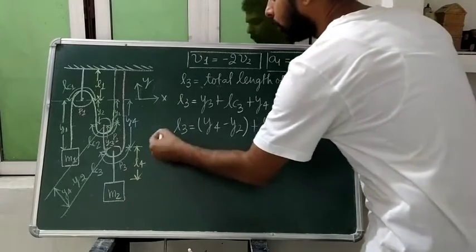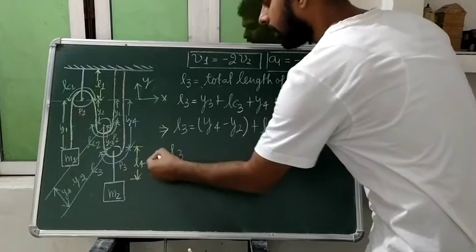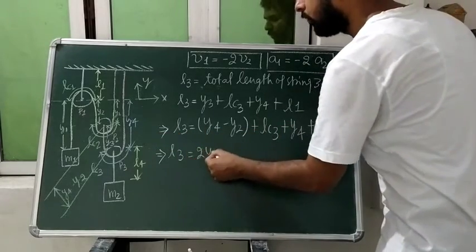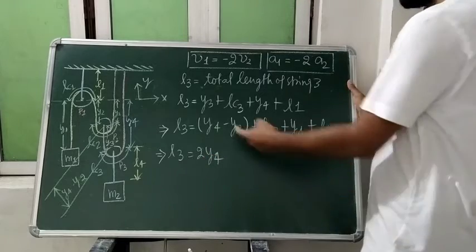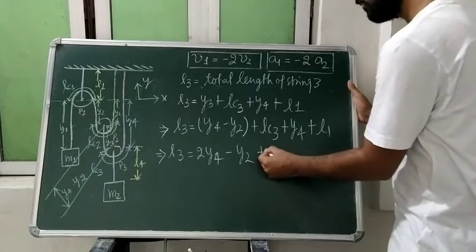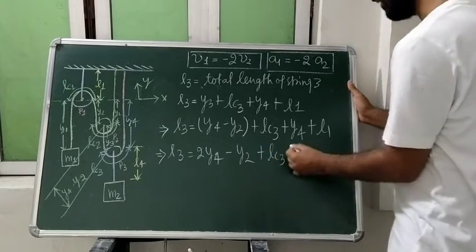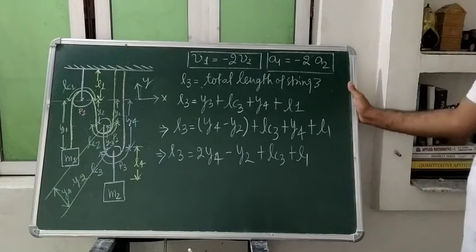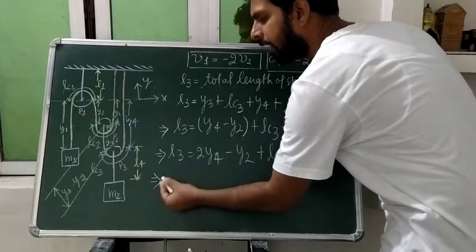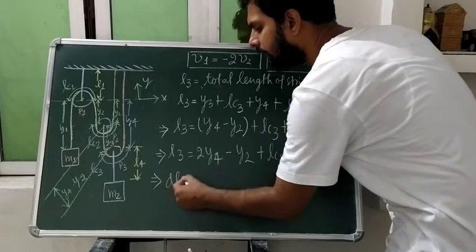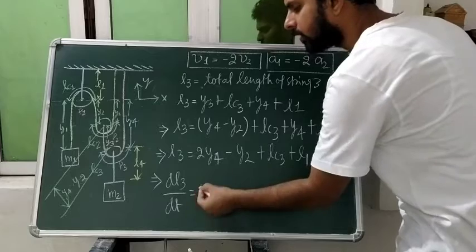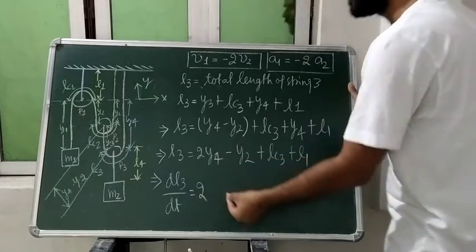So L3 will come out as y4 plus y4, which becomes twice of y4, minus y2, plus LC3 plus L1. Next, we will differentiate it with respect to time. So what will we get? dL3 upon dt is equal to twice, the 2 we take outside of the derivative.